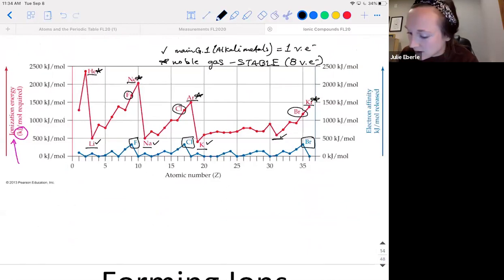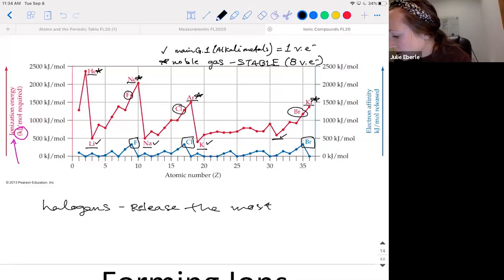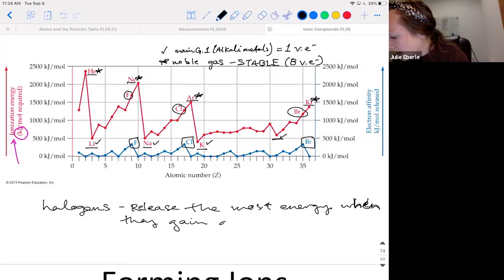They, the halogens, release the most energy when they gain an electron. The halogens release the most energy. They have the highest electron affinity. They want an electron the most, and they release the most energy. They become the most stable when they get that one electron, okay?